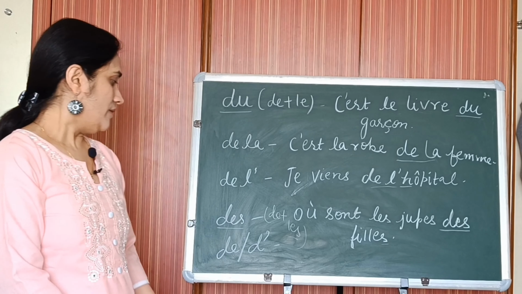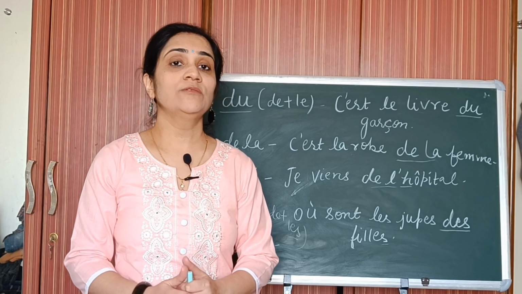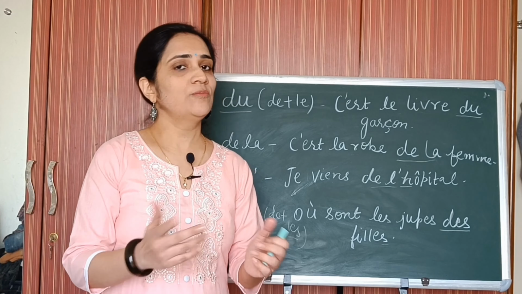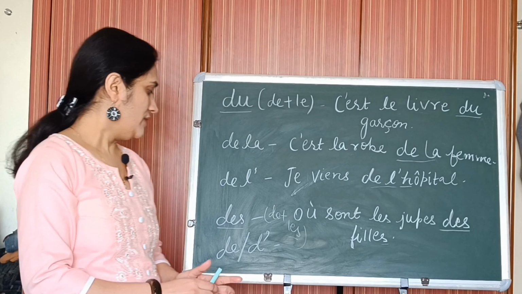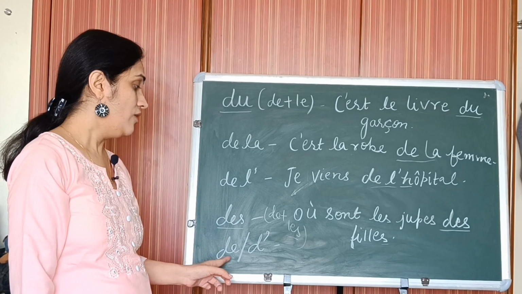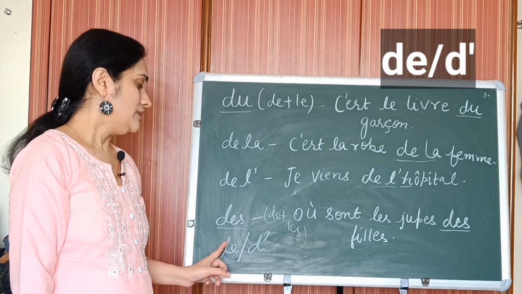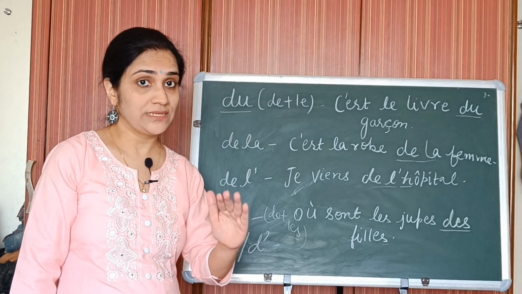Now if we have to use this category with proper nouns, again with a proper noun you can't use a definite article. So for this you have to use only the preposition de or d', which refers to of and from, omitting the article.